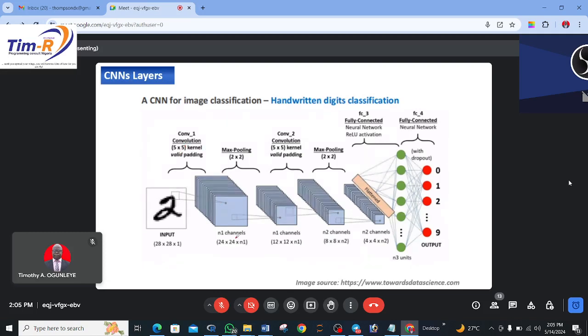So the number of channels, each channel is 24 by 24 times n1, as the number of layers that we have there. So the max pooling as well. This is just the way everything looks, and we actually get our output where we can have a prediction as 0, 1, 2 up to 9, since we are dealing with digits.